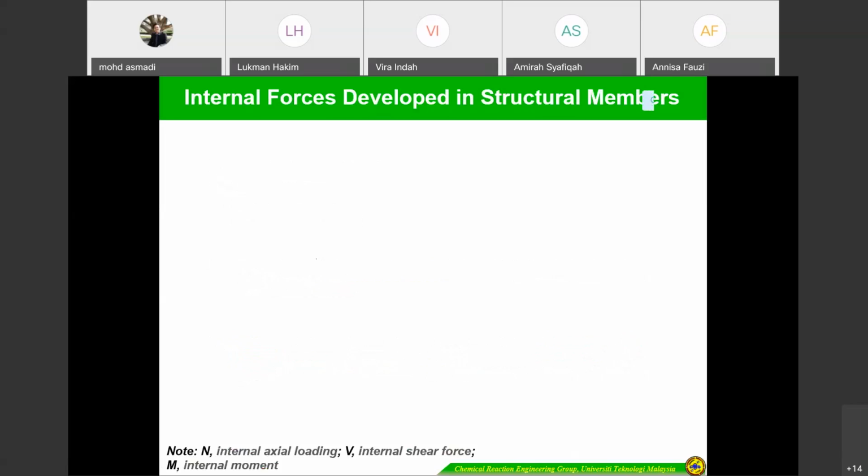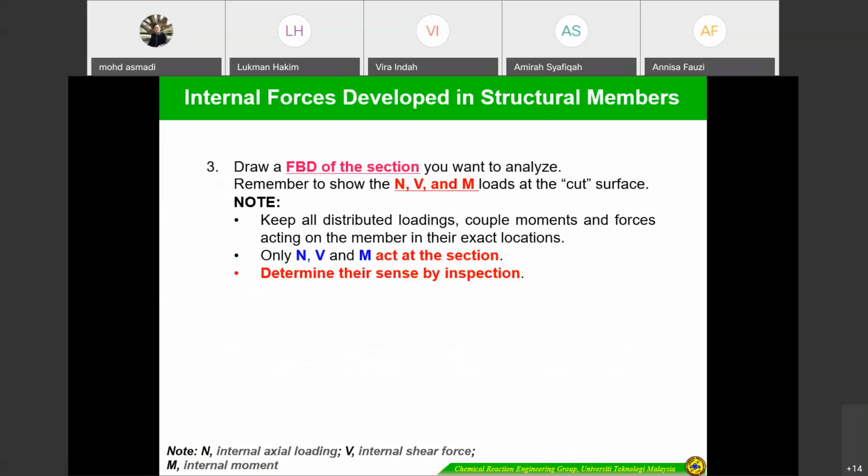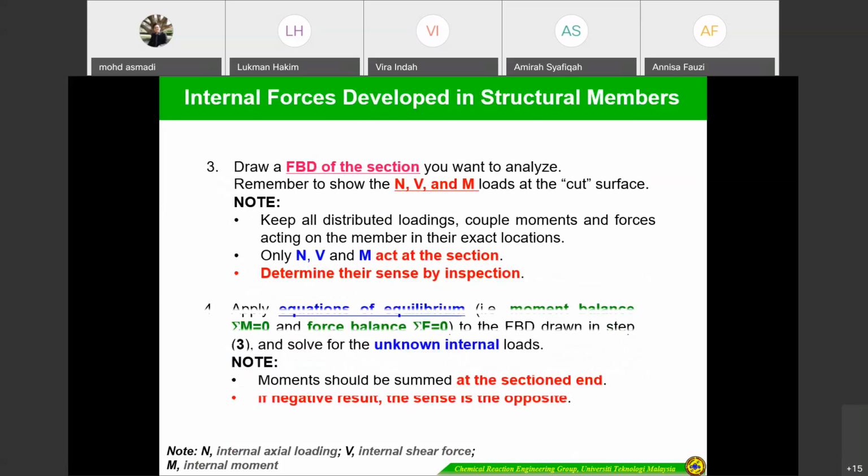Then draw the free body diagram for the section, and remember to show the internal forces N, V, as well as M. Keep all distributed loadings, couple moments, and forces acting on the member in their exact locations. Then apply the equations of equilibrium to determine the unknown forces.